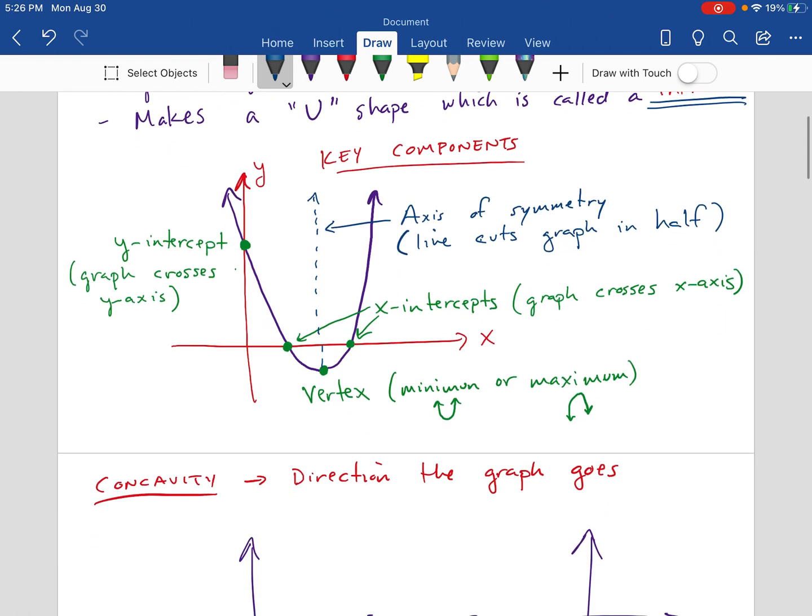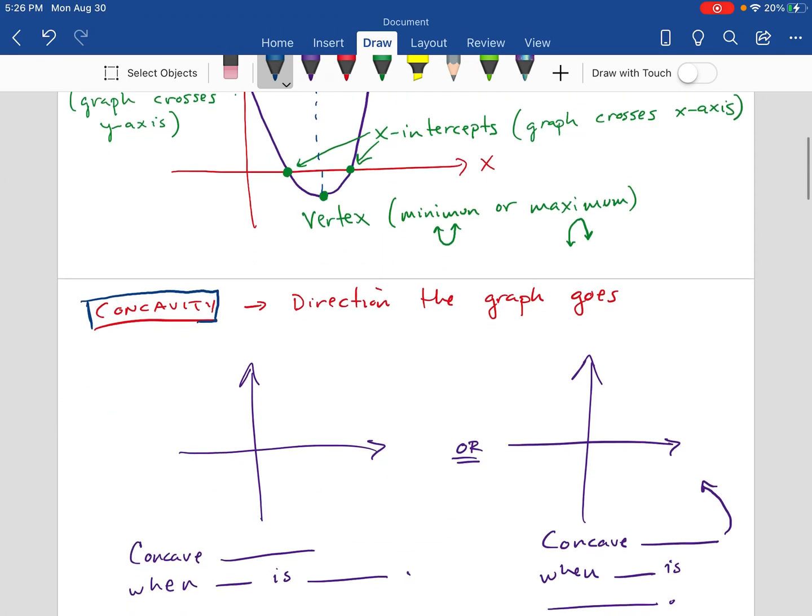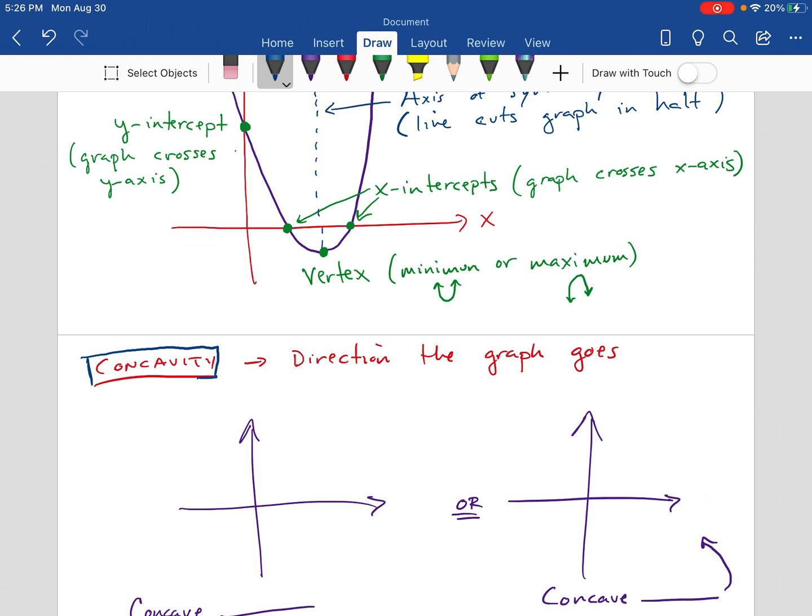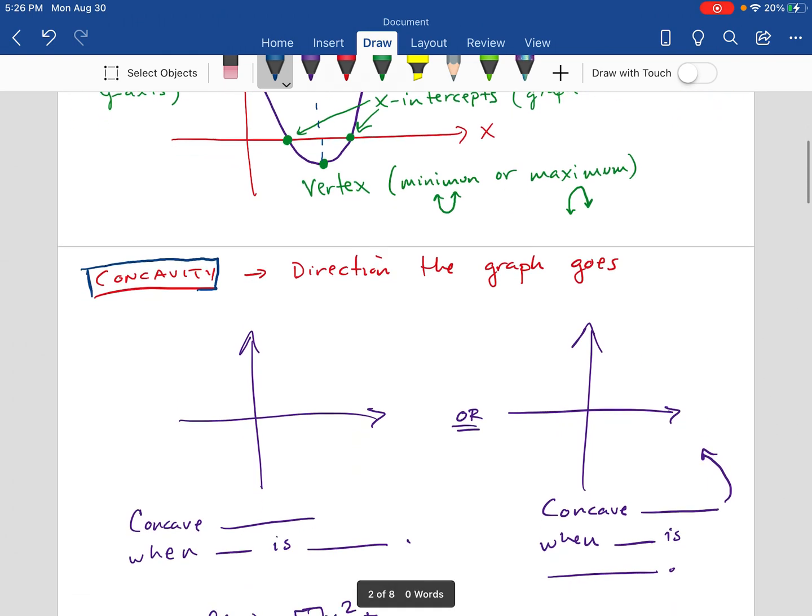Now moving on to the direction of the graph. That is called the concavity. The definition of concavity is literally what direction the graph is going. Now you have 2 possibilities here, which I kind of drew for the minimum and the maximum right above.